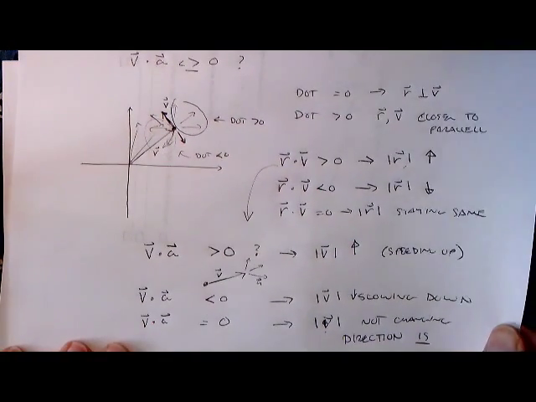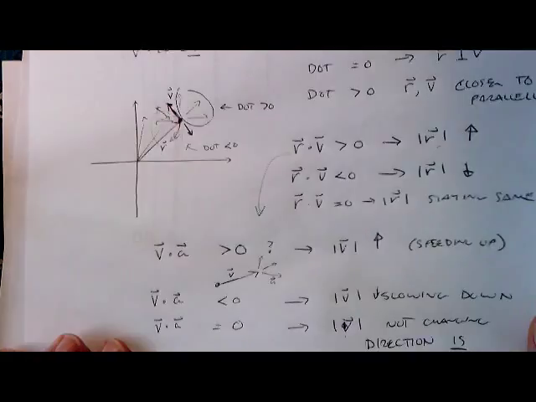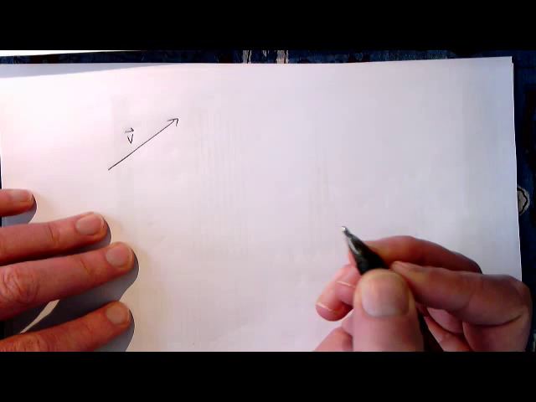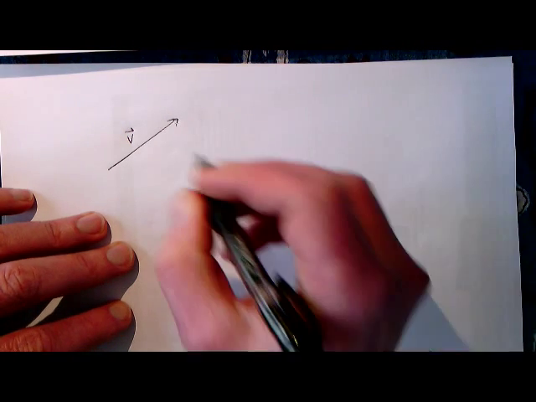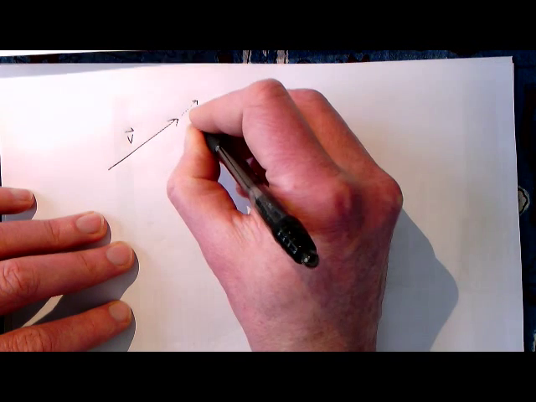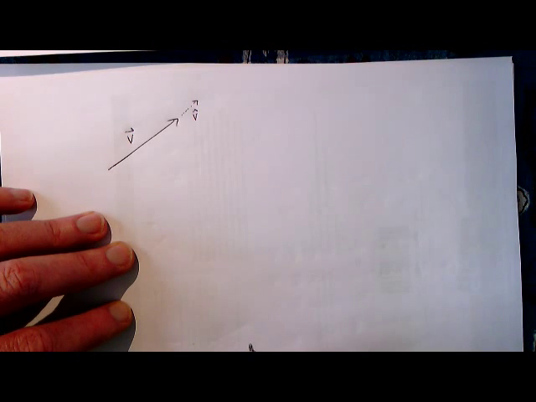One helpful way to extend this is to think about how acceleration plays out with regard to velocity. If I have some velocity vector, I could think about two interesting directions. One is v hat, a vector that's parallel to v.